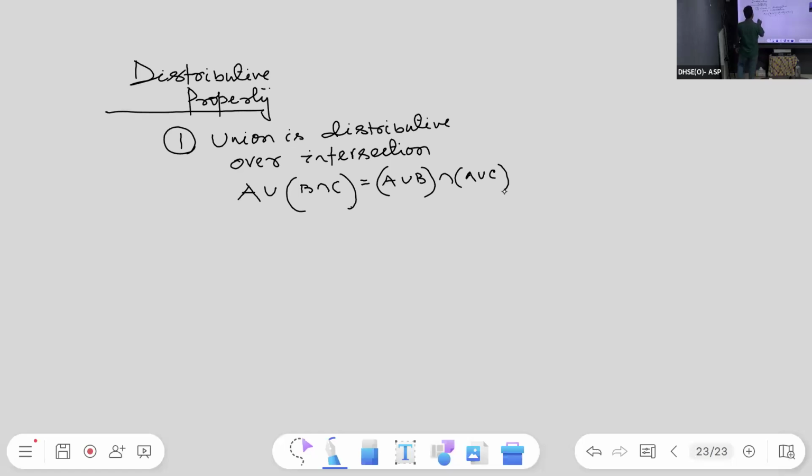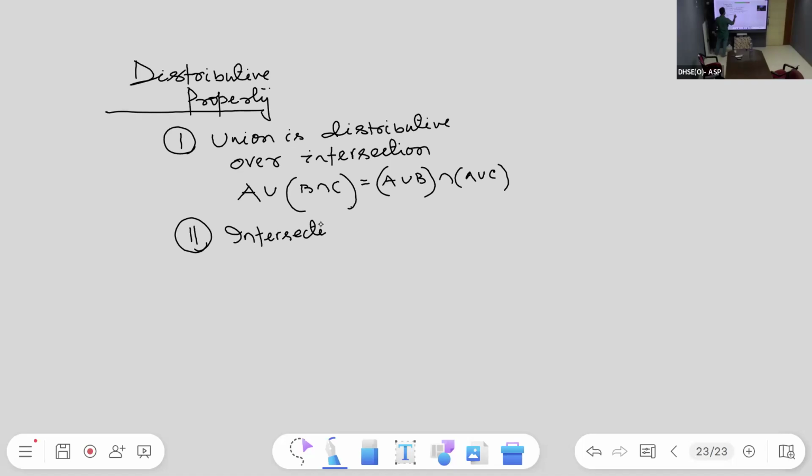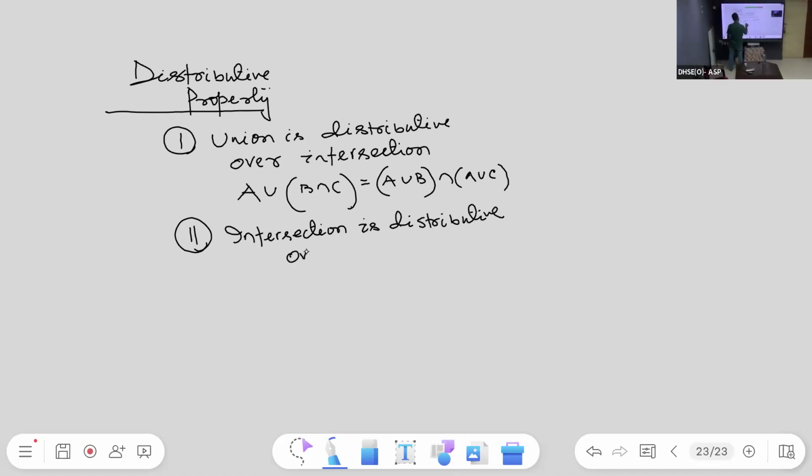The second case is intersection is distributive over union.